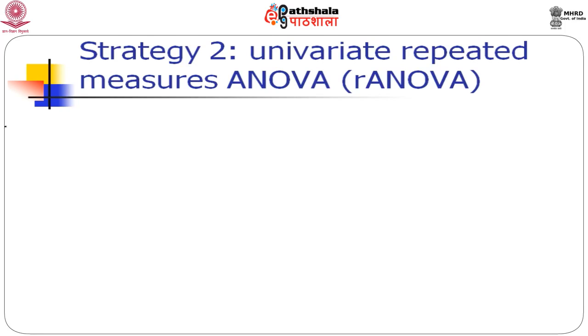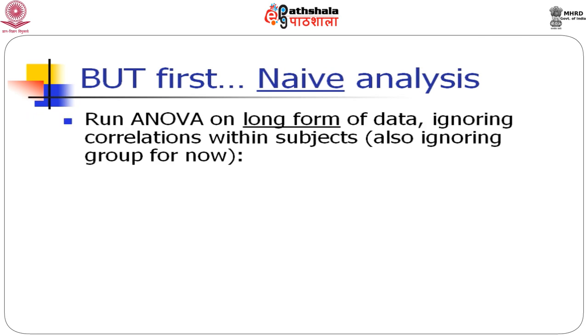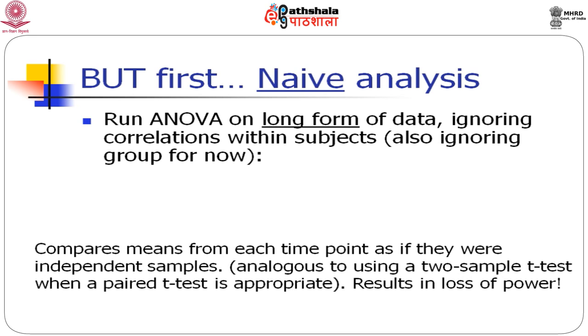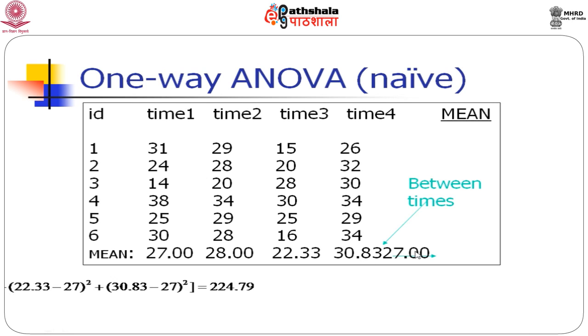Now we will go for strategy 2, where the repeated measures ANOVA is considered. If you go for the naive analysis, I rather go for the ANOVA table here. For the individual you have time point 4, that is the basic data we took up at the very outset, and then you consider the variation between times and compute the SS between times.